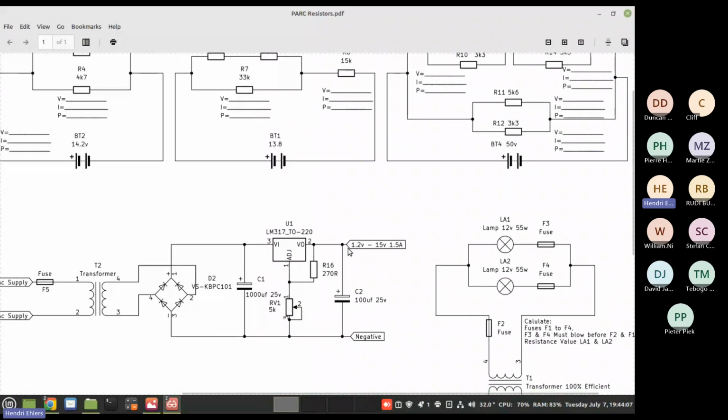This is a very handy power supply, but this device can only handle 1.2 amp or 1.5 amp, but with a reasonably simple circuit, you can add transistors to handle the big current.